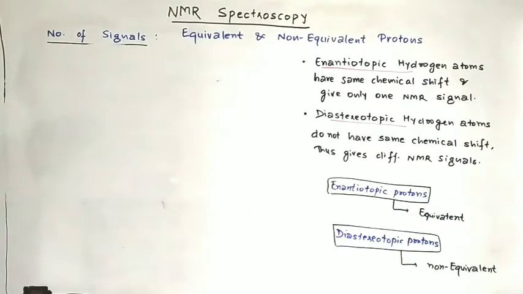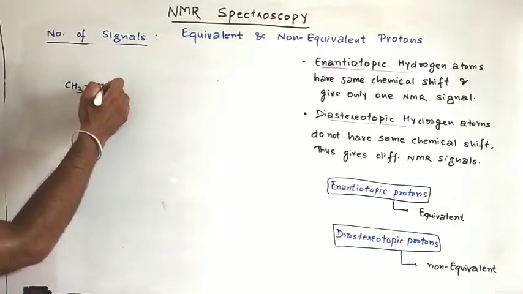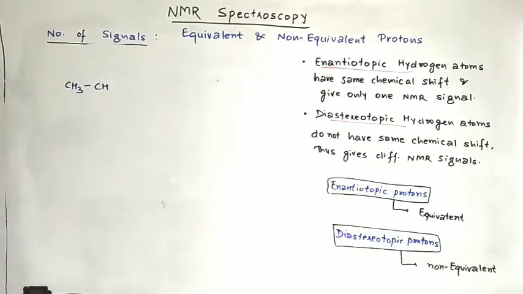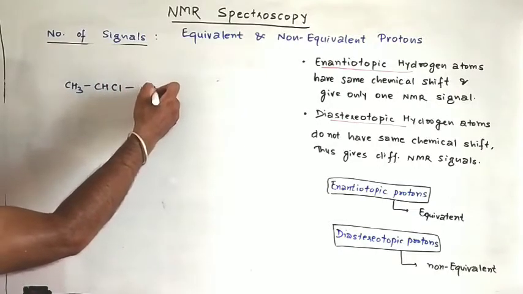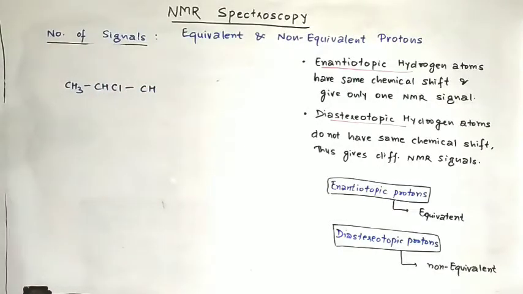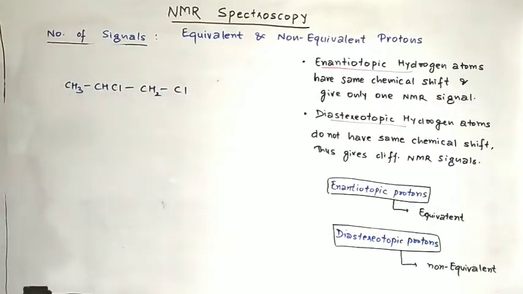Suppose we have a compound like CH3, CHCl, CH2, Cl.